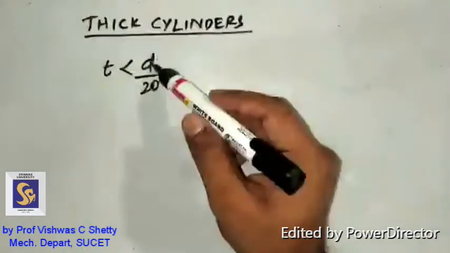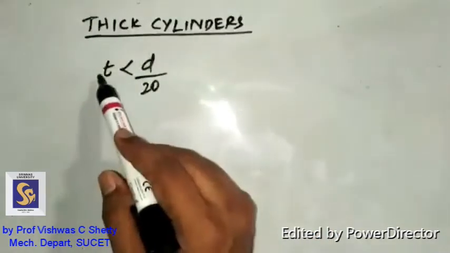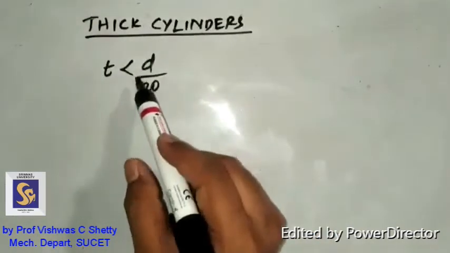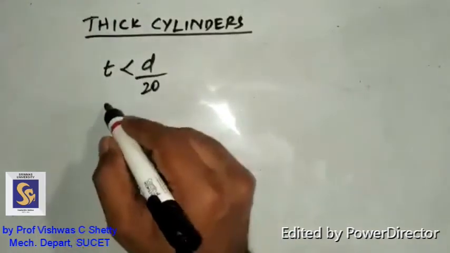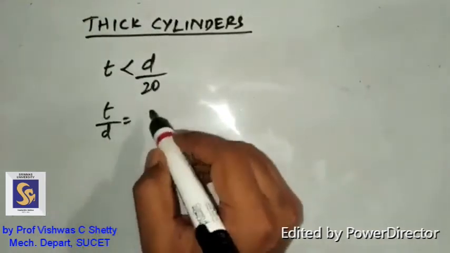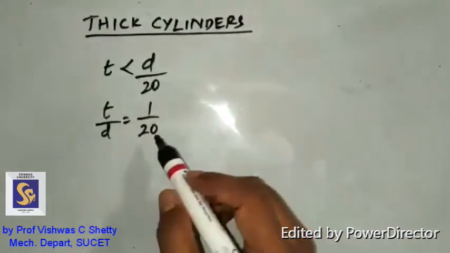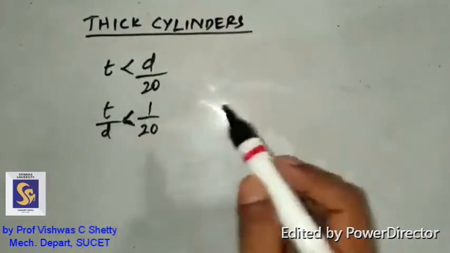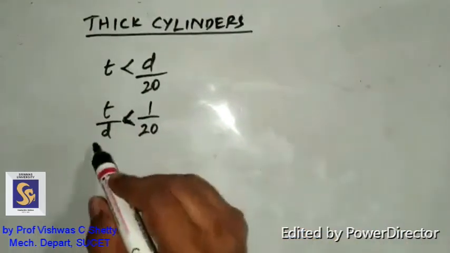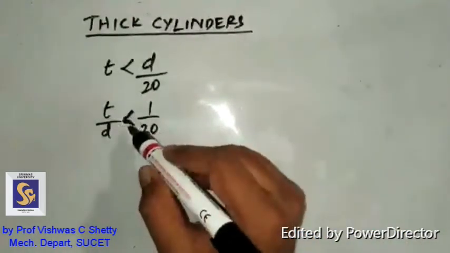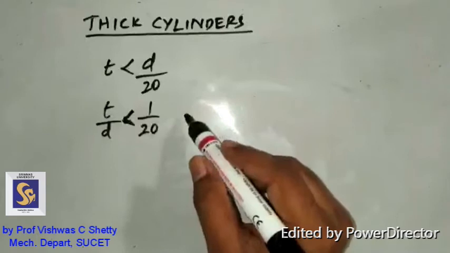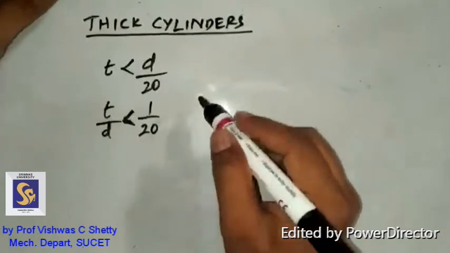If we divide the diameter by 20 parts, then the thickness should be even less than that. So the T upon D ratio should be less than this, then you say it is a thin cylinder. If the thickness to diameter ratio is greater than 1 by 20, then it is called a thick cylinder.